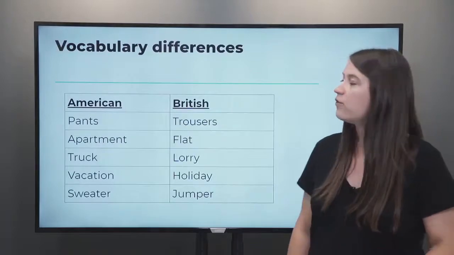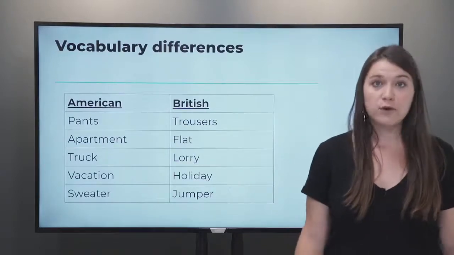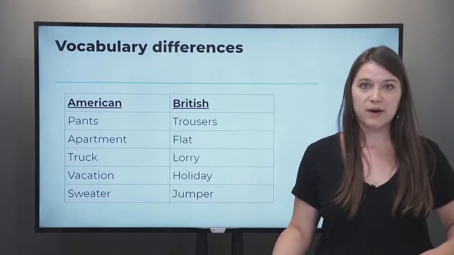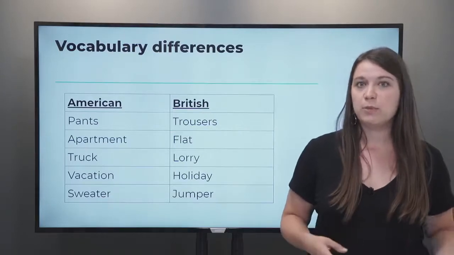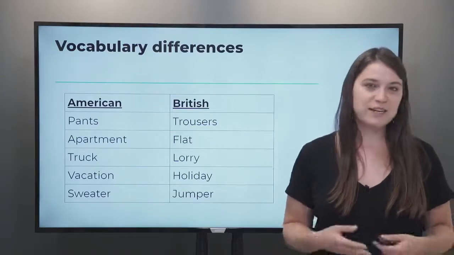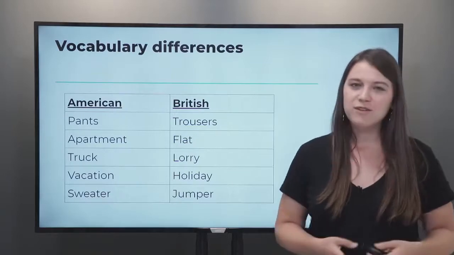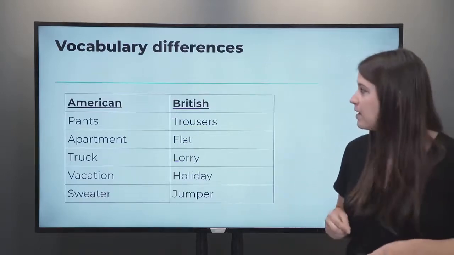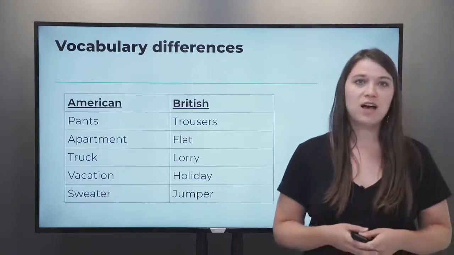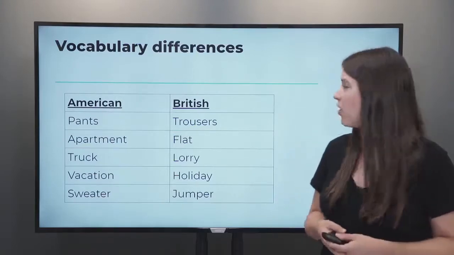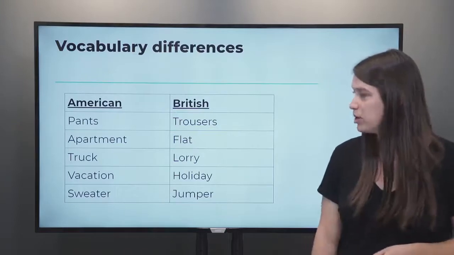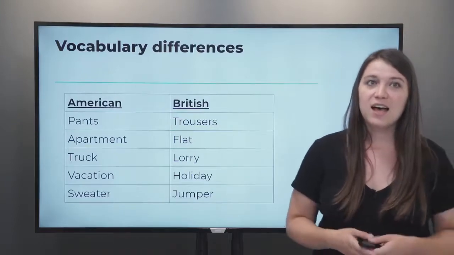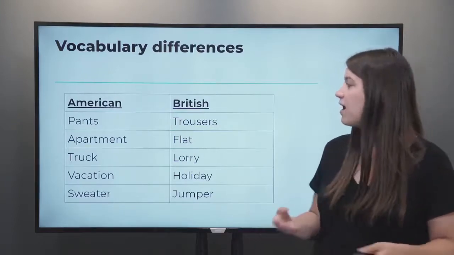All right, first we have differences in vocabulary. Actually, Americans and British people call things by different names. Not all of them, obviously, but here are some of the main differences. For example, in American English, your pants are called trousers in British English, okay? An apartment is called a flat.